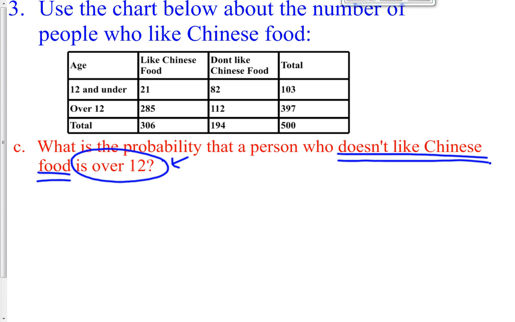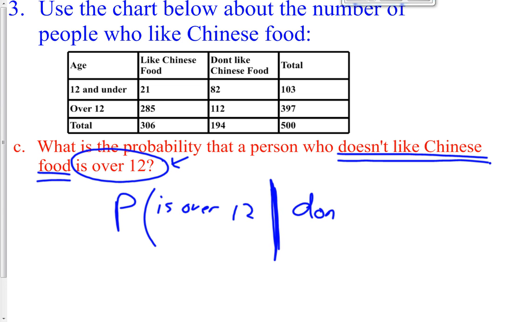So if we were to write this the way our other ones are written, what is the probability that someone is over 12 given that they don't like Chinese? I hope that makes sense to everybody.